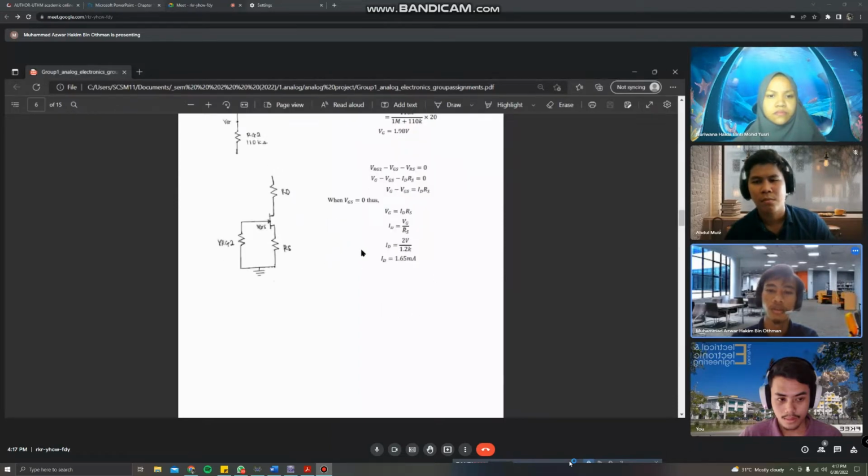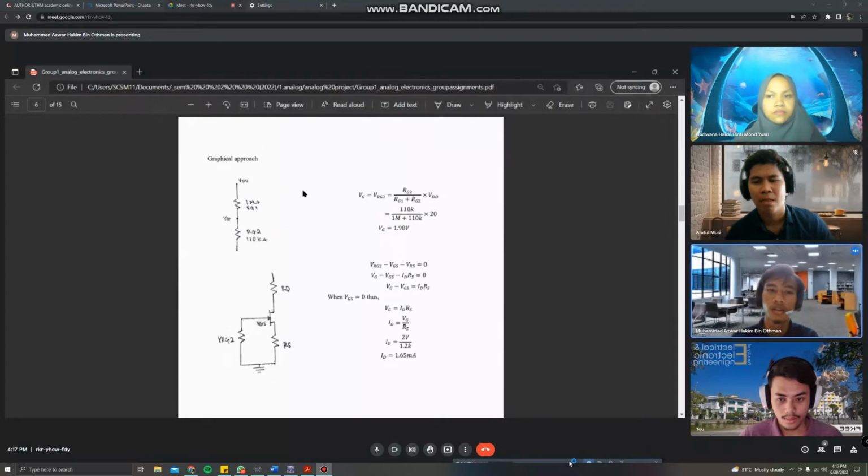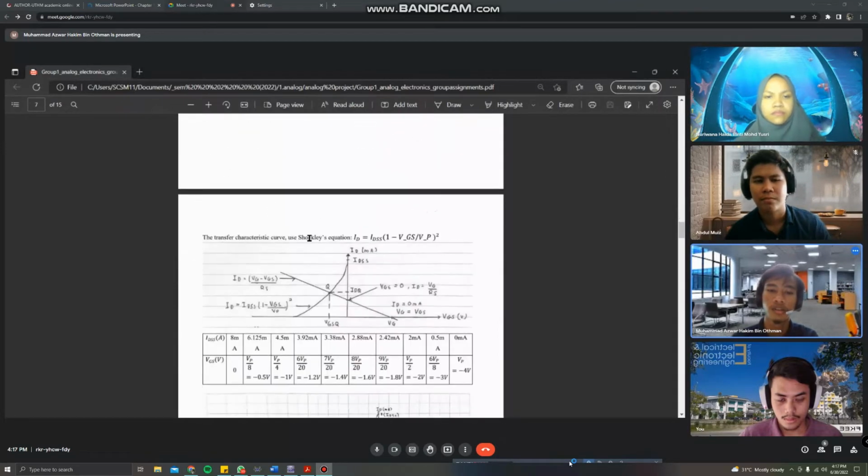After that, this is the graphical approach method. We need to find the characteristic by using the equation ID equals IDSS times the bracket of 1 minus VGS divided by VP, to the power of 2.